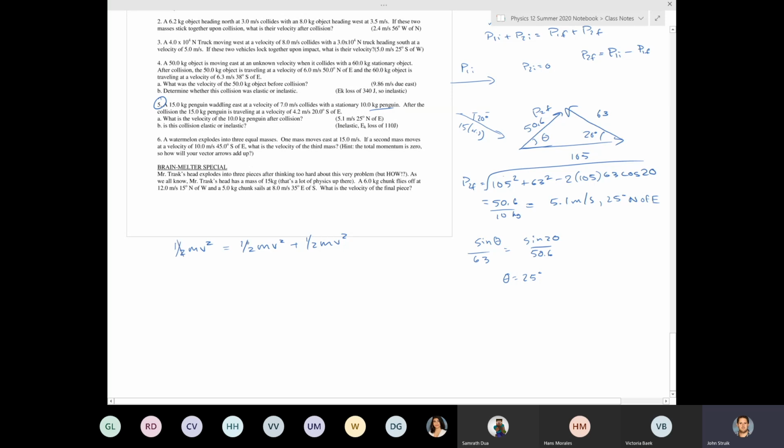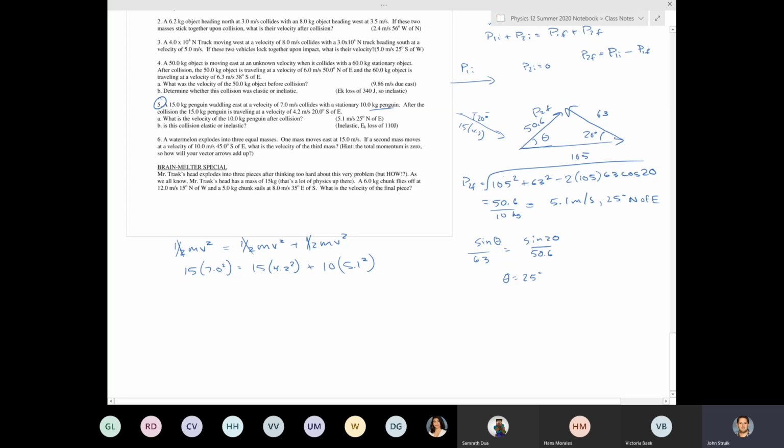So get rid of the halves. We have 15 times 7.0 squared equals 15 times 4.2 squared plus 10 times 5.1 squared.